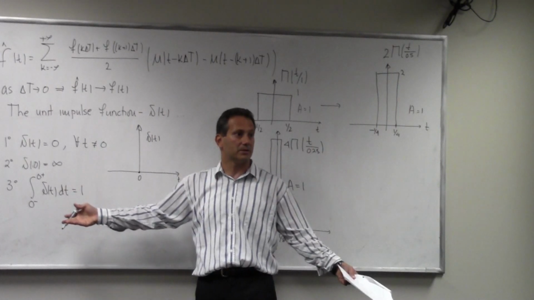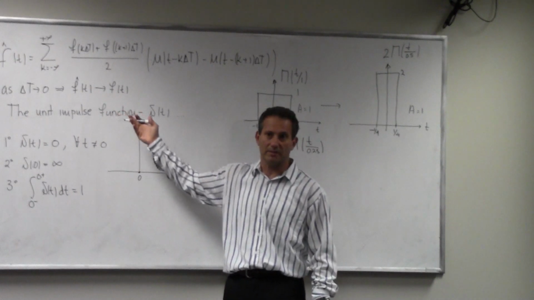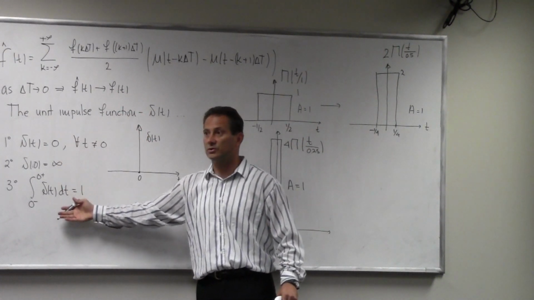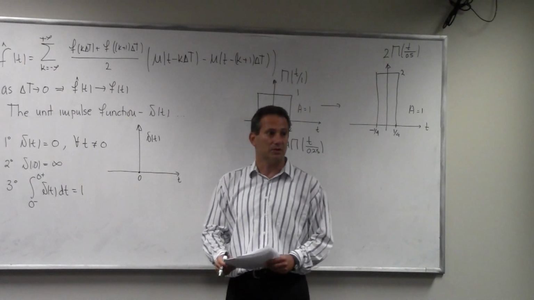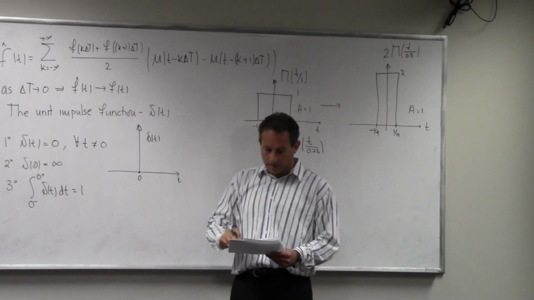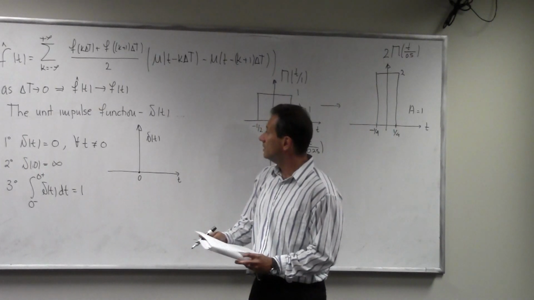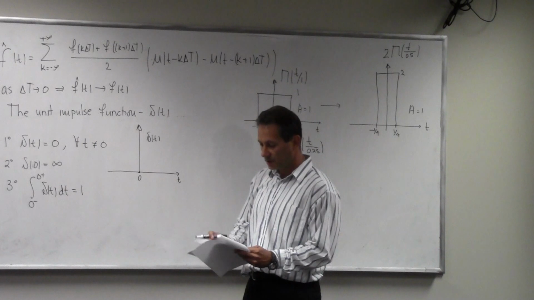That's yet another impulse, but it's not the one I'm defining. I'm defining the special one that has these two properties, but also the third property that the area under the curve is equal to 1.